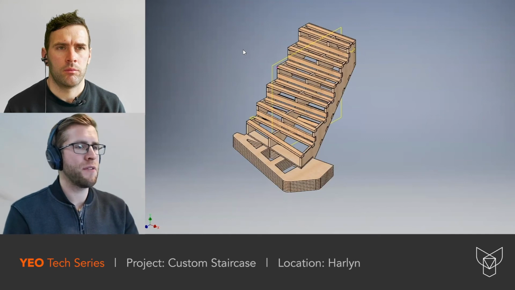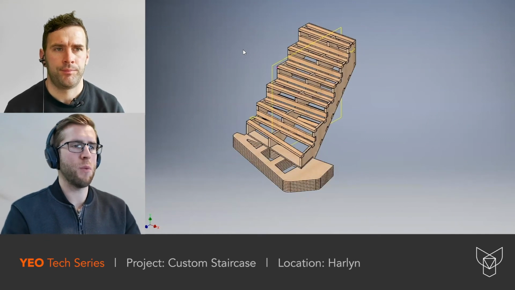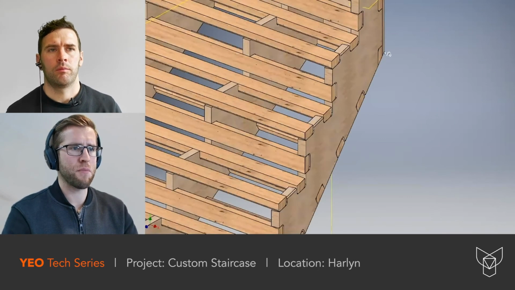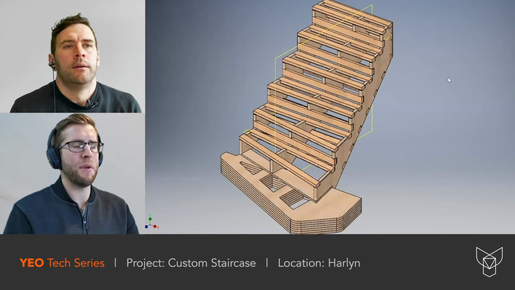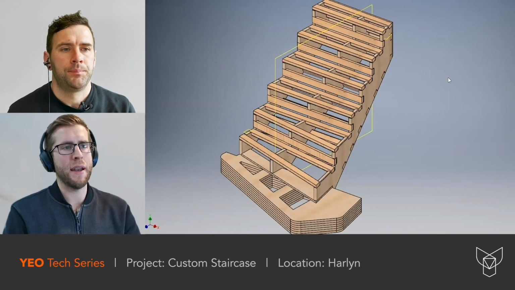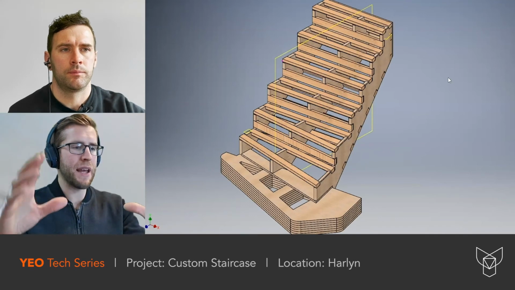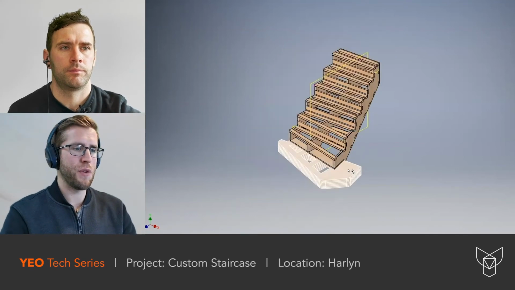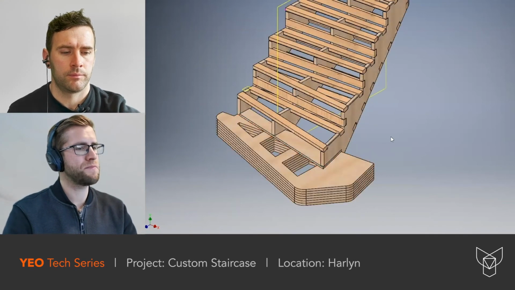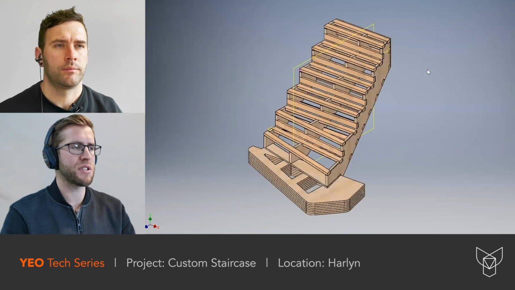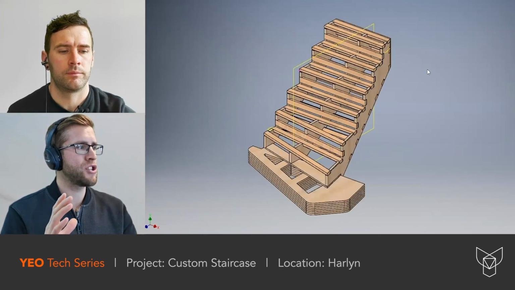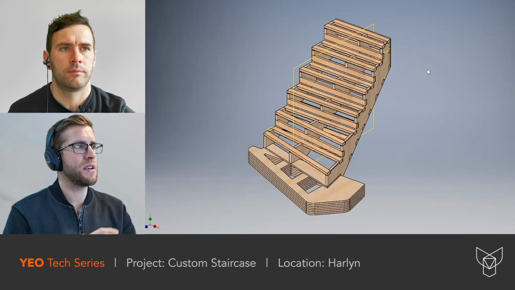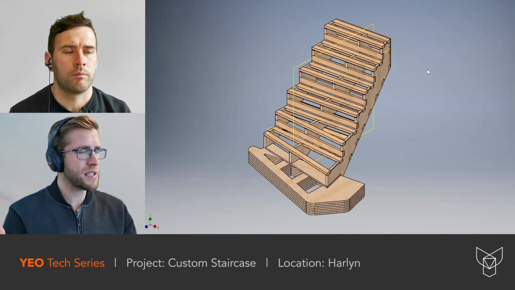It's a lot quicker for us to fabricate this in the workshop. We can CNC cut these kind of rib components, and it's a really quick process. And on site, we just fix it to the mid landing, we fix it to the floor through this large bottom tread box. And as a process, it's much nicer than having to fix structural components from the staircase to the site surroundings.